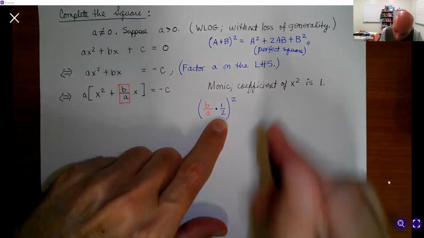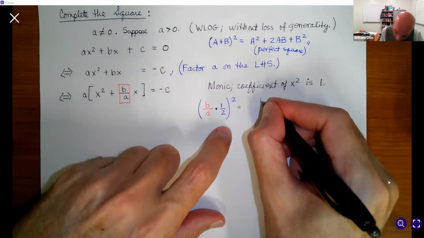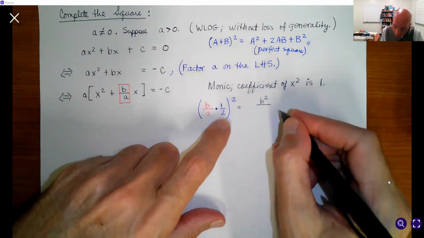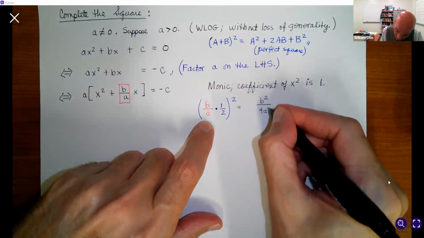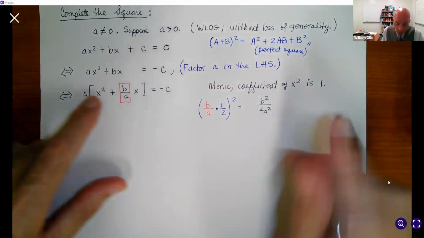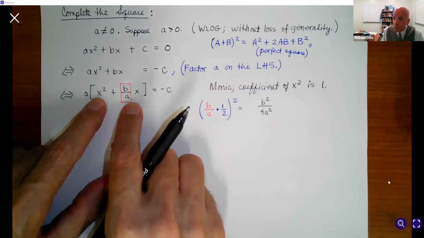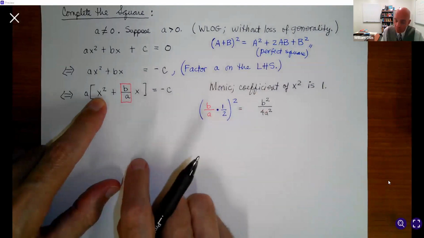So now of course we can finish this off. So we square the B. And then of course the 2 times the A squared is just 4A squared. So this is the number that we must add to these 2 terms to create a perfect square trinomial.